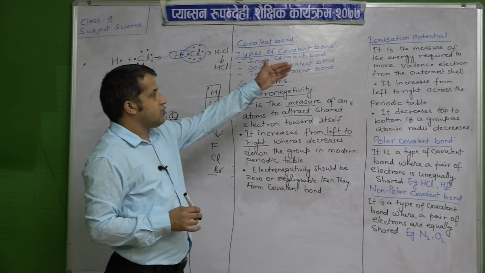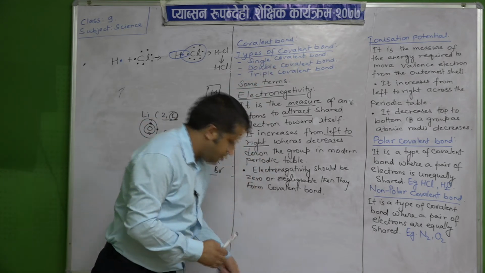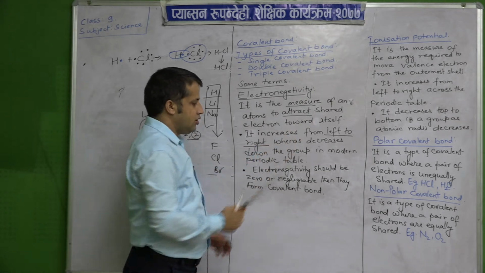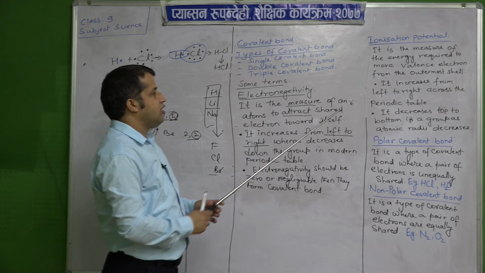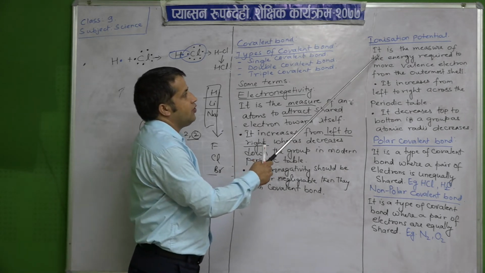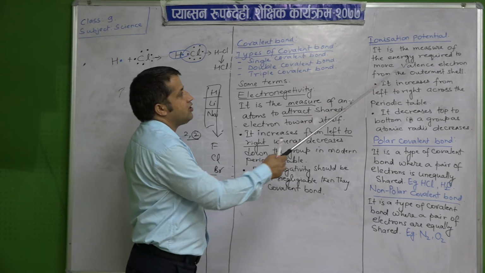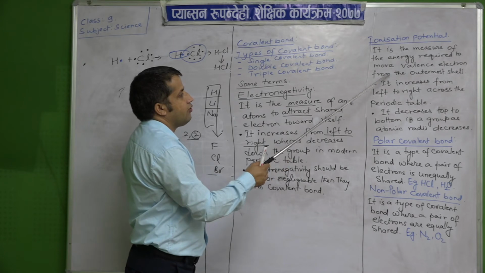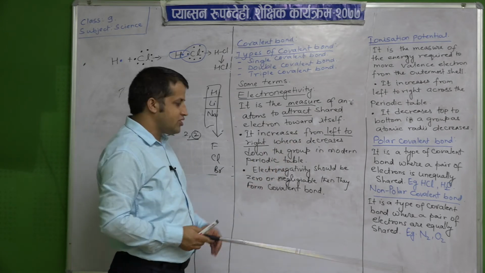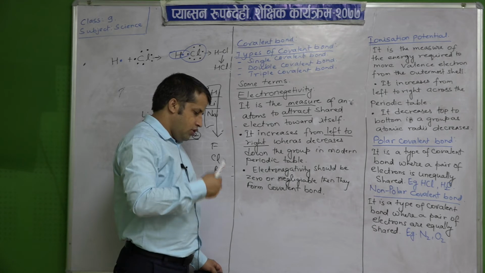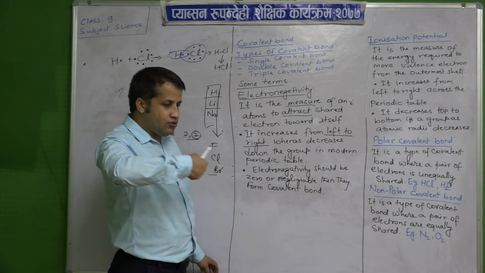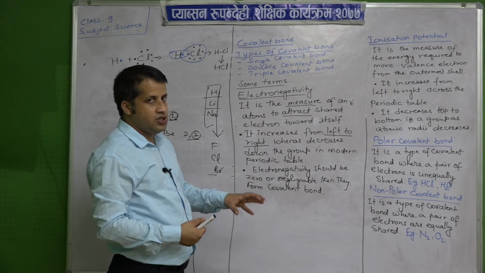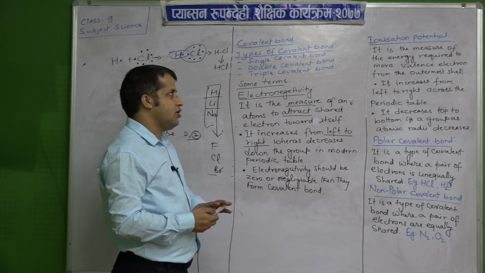Now, the next term that we will study is ionization potential. This is also a similar term. Here the definition is: it is the measure of the energy required to remove a valence electron from the outermost shell. So, how much energy the atom requires to remove the outermost electron from its outermost shell, that is called ionization potential.